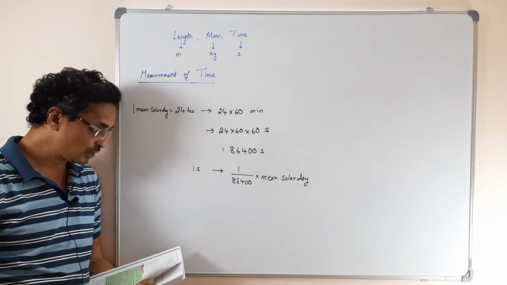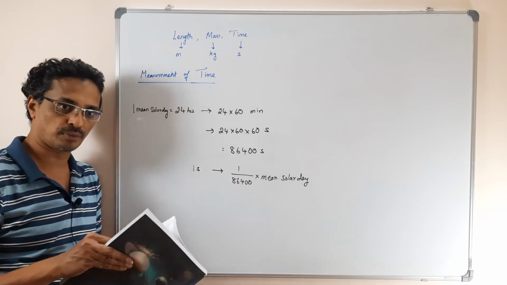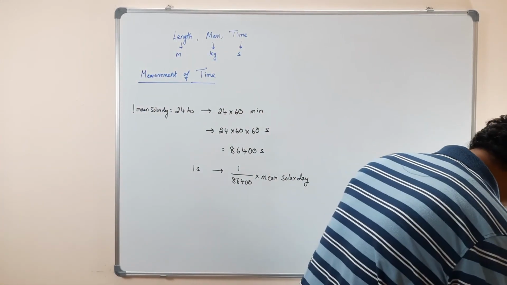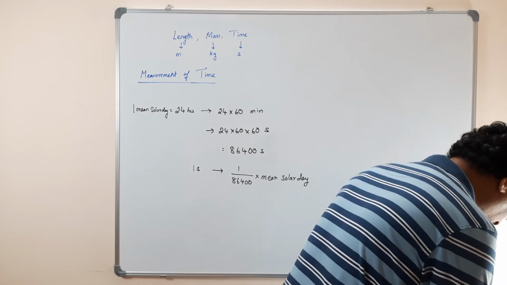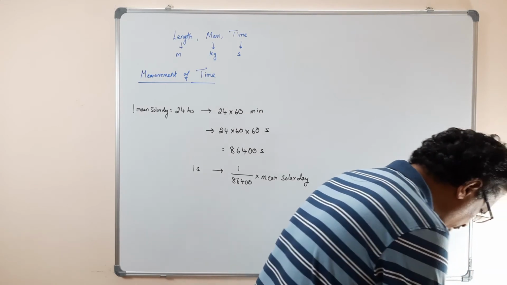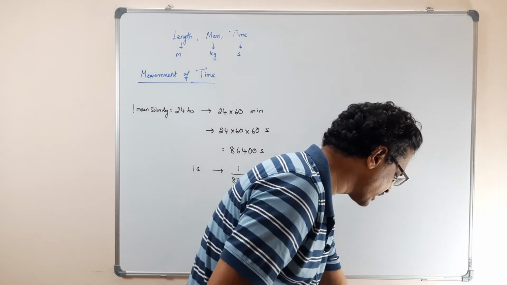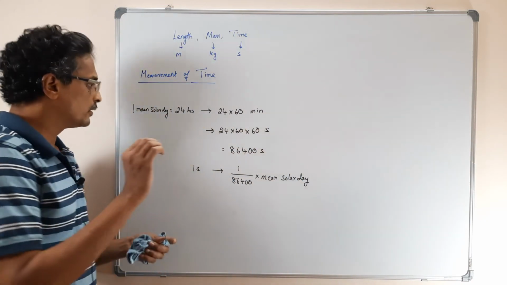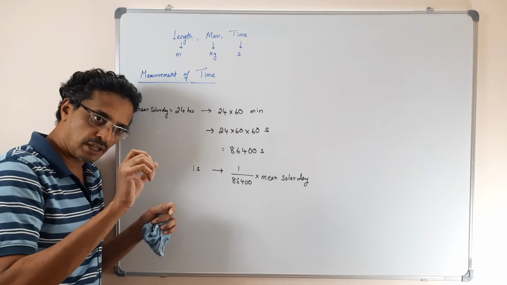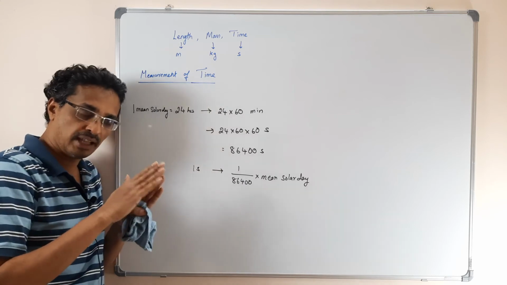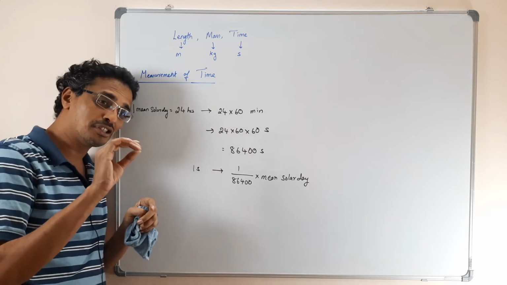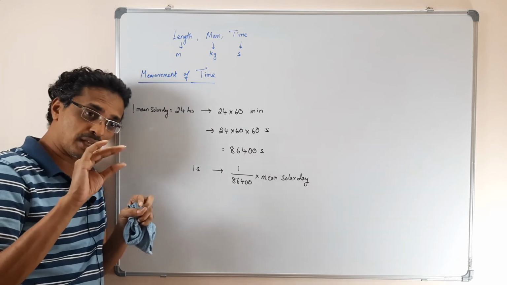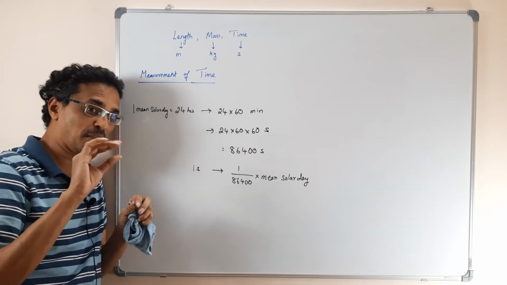So what they use is something called atomic clocks, which you will read about later. It is called a cesium clock. Periodic vibrations are produced in a cesium atom. There are certain atoms which vibrate with a characteristic frequency, and that frequency is more or less precise. For example, quartz also has a more or less steady vibration.